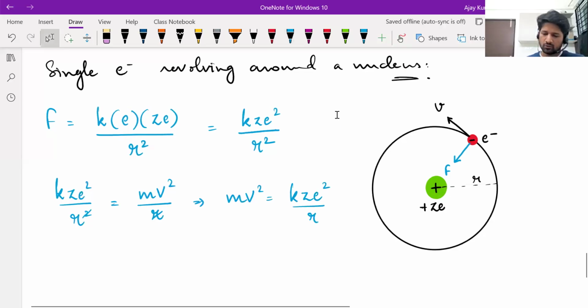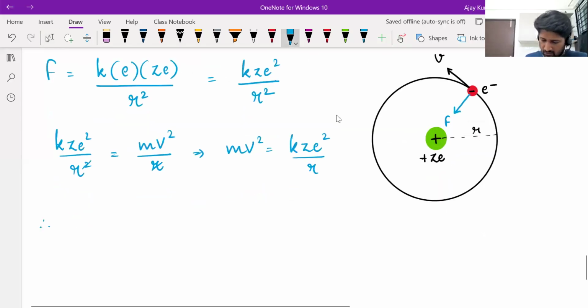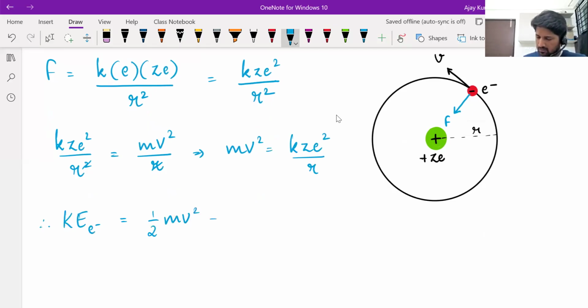And divide this by 2, you get the kinetic energy of the electron. Therefore, the kinetic energy of electron revolving around the nucleus, that is half mv square, will be kZe square by 2r. This derivation is very, very important because sometimes they give you some other model of the atom and ask you to find out what is the energy of that revolving particle or electron, whatever it is.